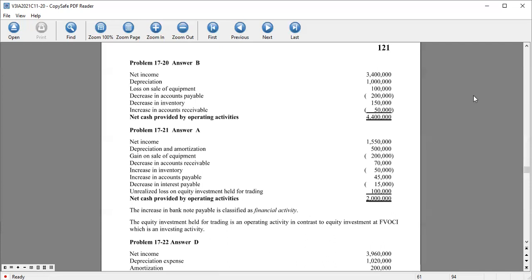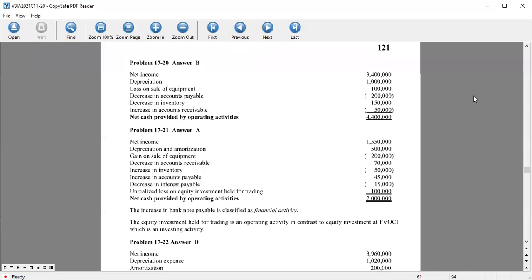So your answer to number 20 is letter B. Next, 21, using the indirect method, what amount should be reported as cash provided by operating activities? It's still operating activities.